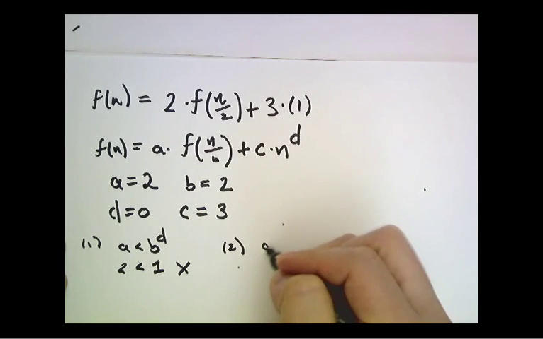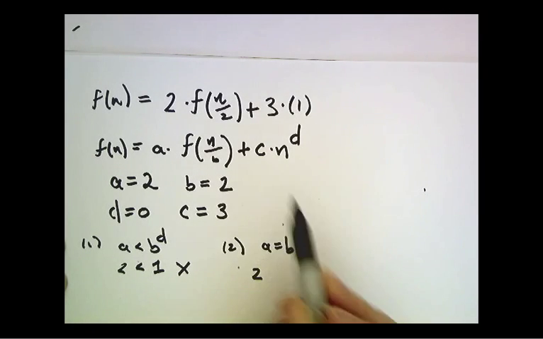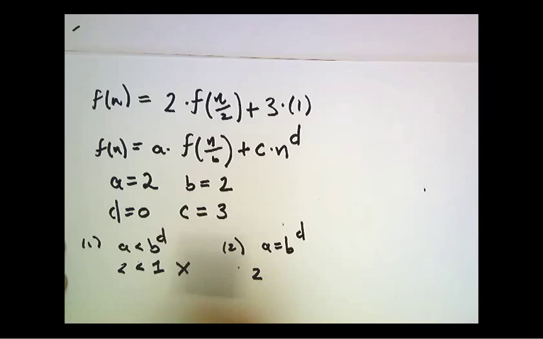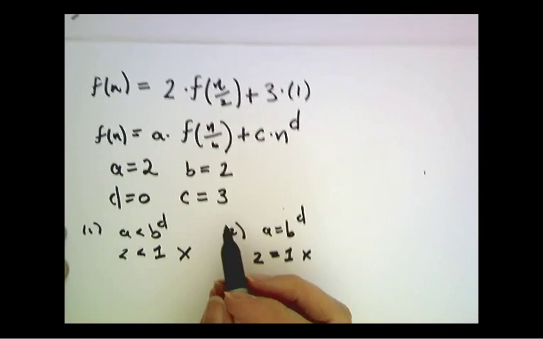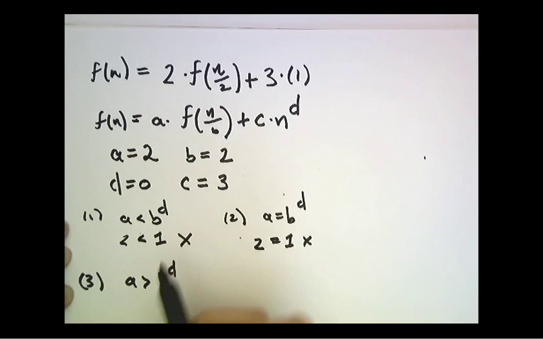Case 2 is a equals b to the d. Again, a is 2, b is 2, d is 0. Does 2 equal 1? No. What is case 3? Case 3 says a is greater than b to the d. So here we have, again, a is 2, b to the d is 1. Bingo, we're in case 3.